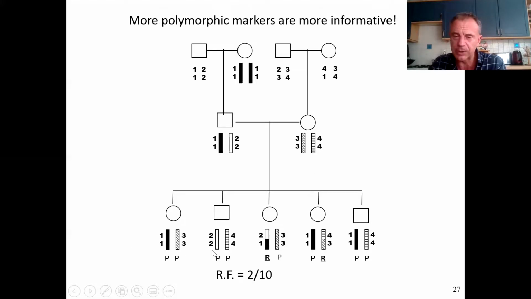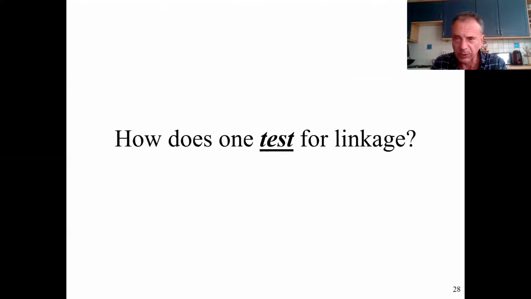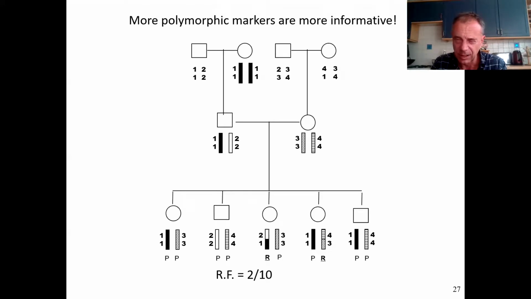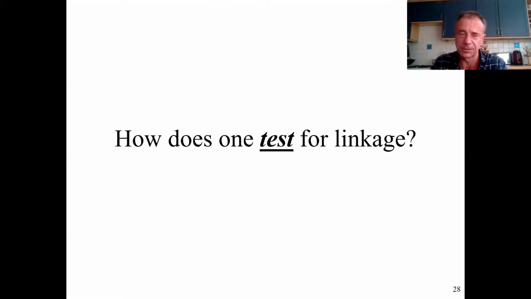Then again, we can go through these pedigrees and see what's going on. Now we can follow each allele exactly. We know which has come from which parent, and we can know with greater certainty more of the time whether a haplotype is a recombinant or a non-recombinant. People don't tend to use these highly polymorphic markers anymore, but they were useful for microsatellite linkage studies and for this kind of reason.